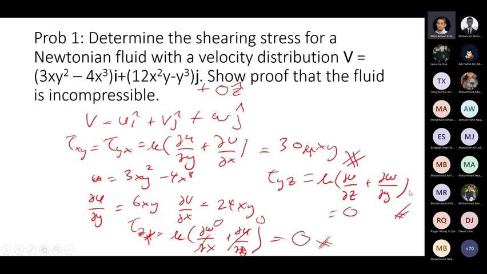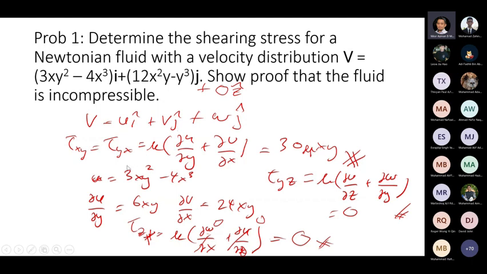Okay, so we have to show proof that the fluid is incompressible. We're going to apply that derivation: partial u partial x, plus partial v partial y, plus partial w partial z, and see if that equals 0. Since it's two-dimensional, we just have partial u partial x plus partial v partial y, and see that it equals 0.